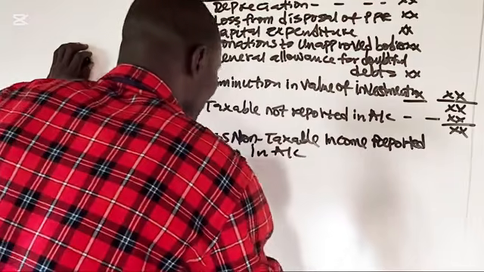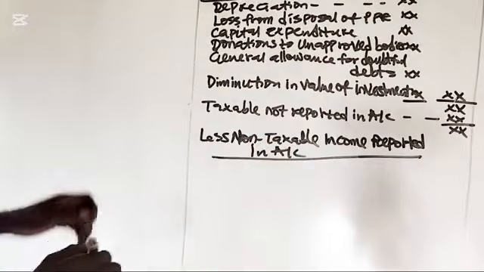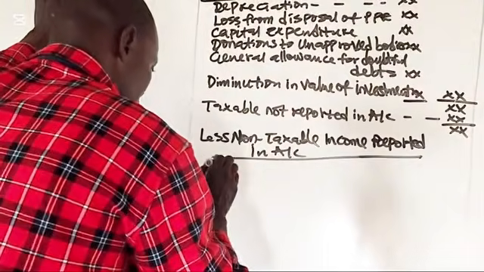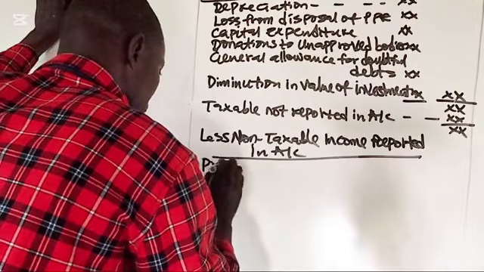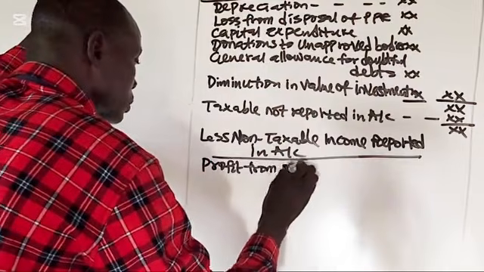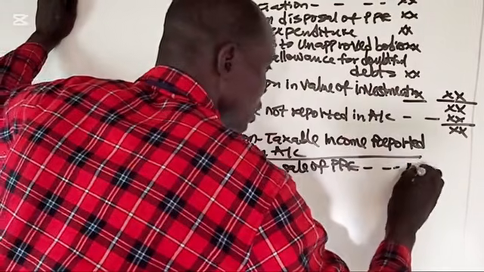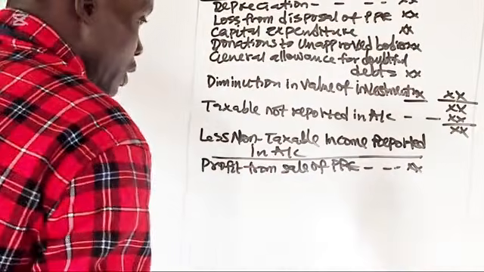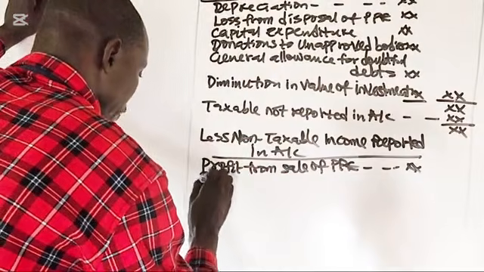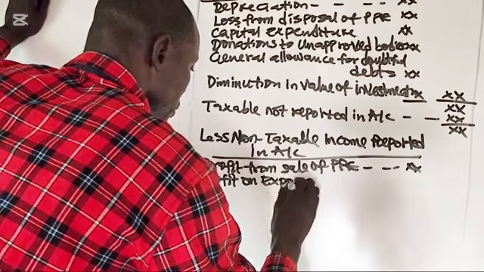Those incomes that are not taxable, that have already formed part of the profit or loss, like profit from sale of property, plant, and equipment. Then we also have profit on export sales.